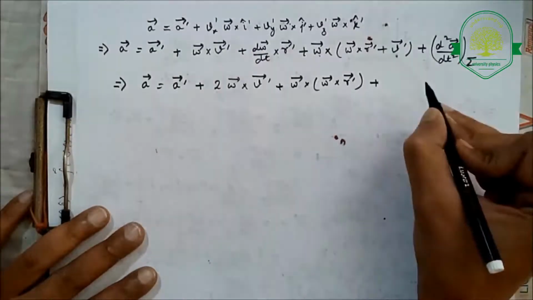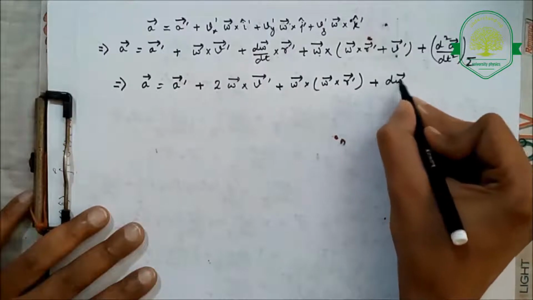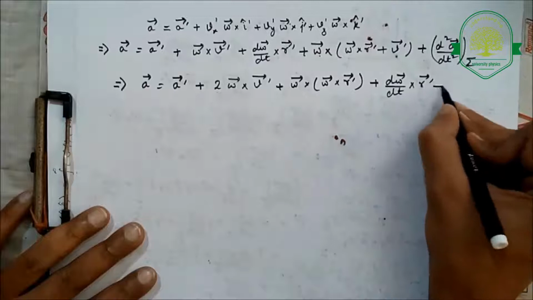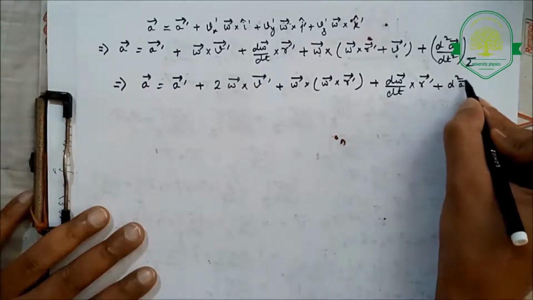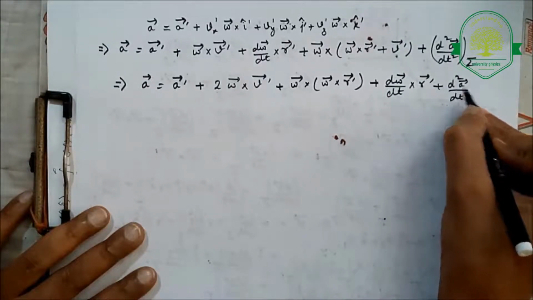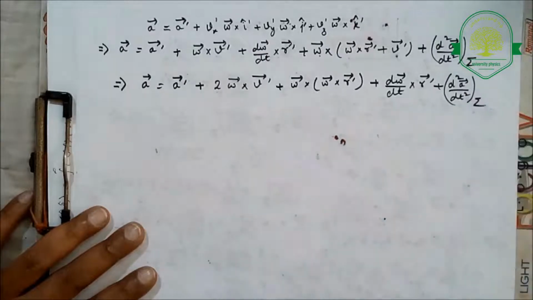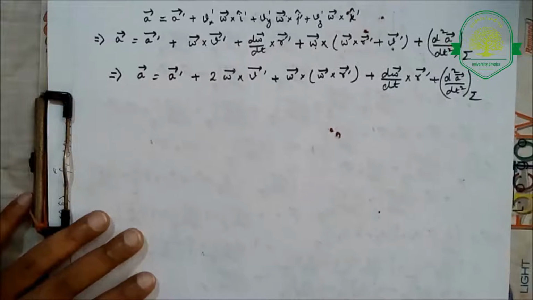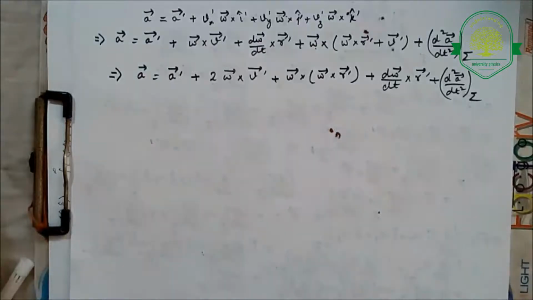I have, I think, two more terms, d omega by dt cross r primed plus d squared a over dt squared as done from the sigma frame of reference. I think this is our final expression written out in all its glory.